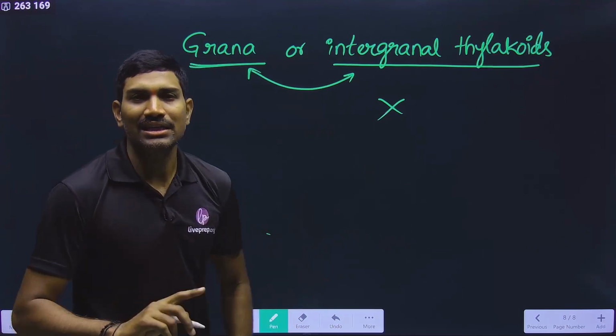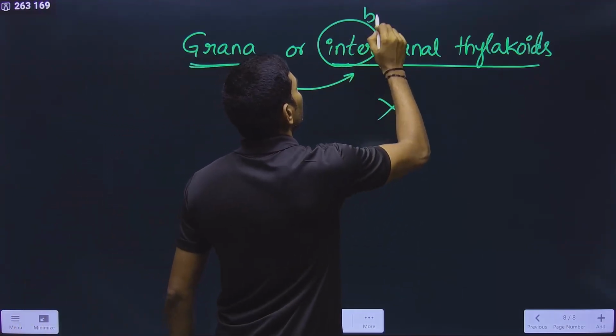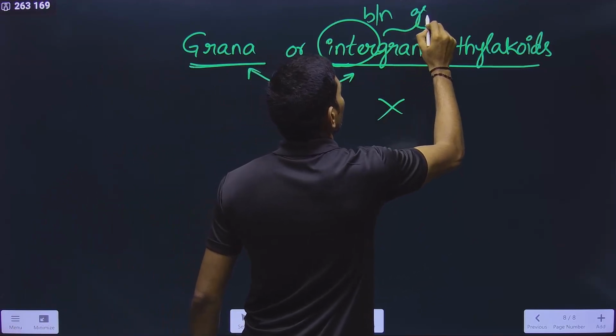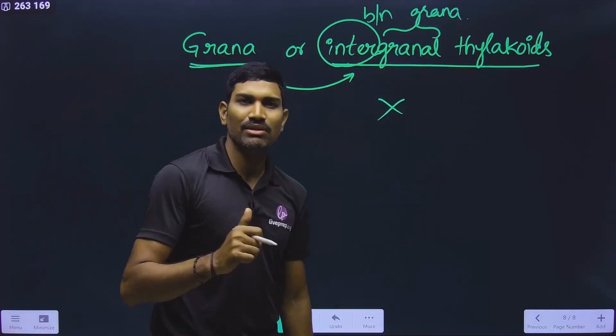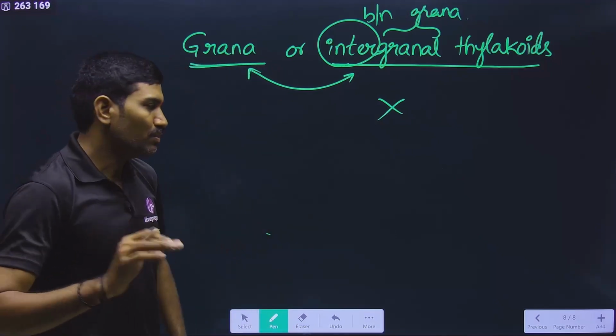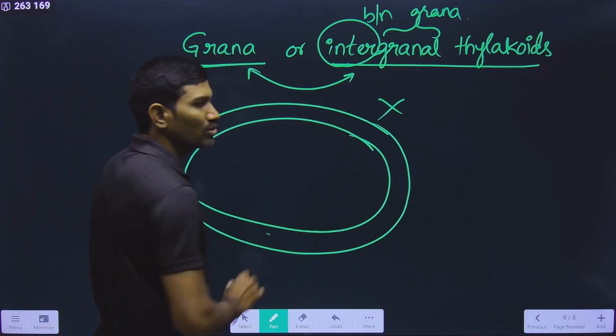Grana are not called intergranal thylakoids. The meaning is different. Inter means between what? Between grana. Here they are grana. Here it is between grana. How can they be the same? They are not the same. So please observe the diagram. Suppose this is the inner membrane and this is the outer membrane of the chloroplast.